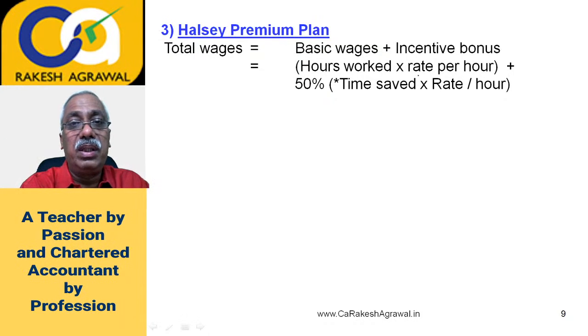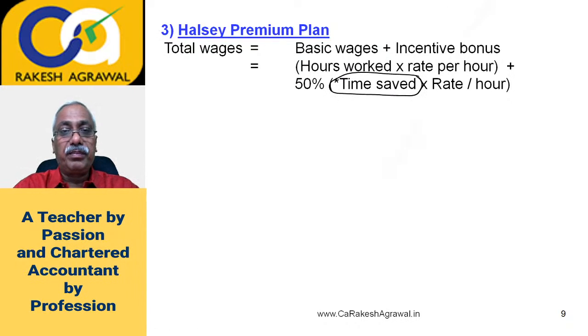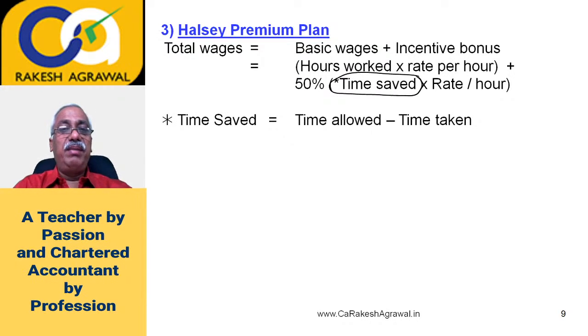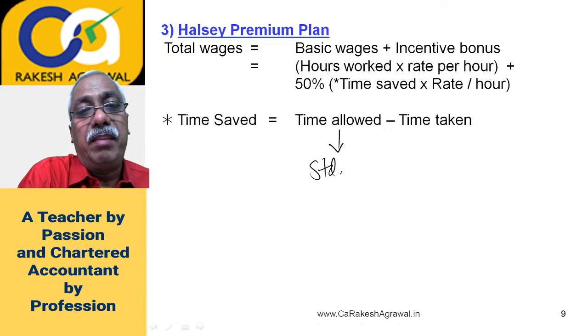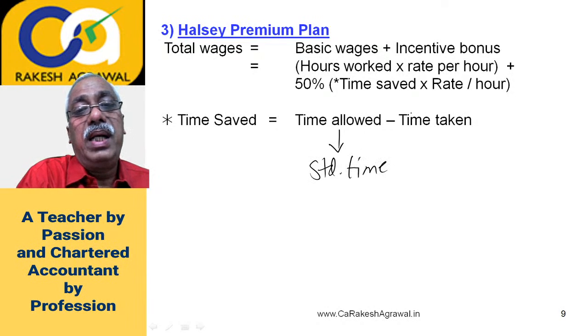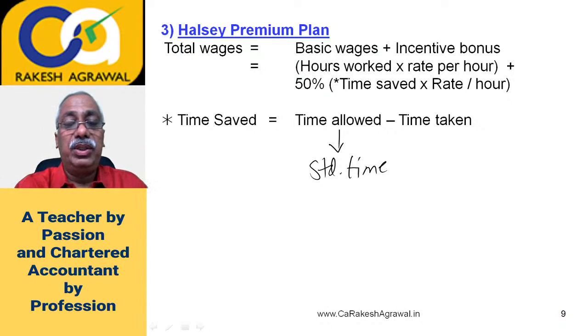Now how to calculate this time saved? This has to be calculated very carefully, otherwise there is a mistake in the calculation. Time saved is nothing but time allowed minus time taken. Now time allowed is nothing but your standard time, the standard time which was allowed to complete the job.